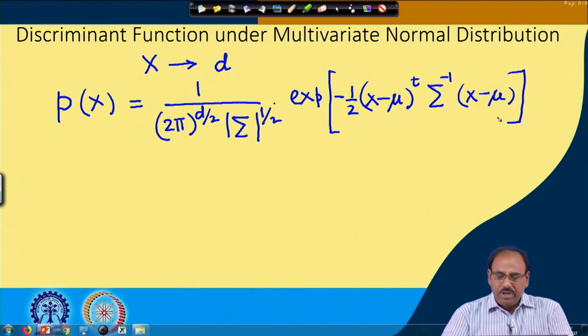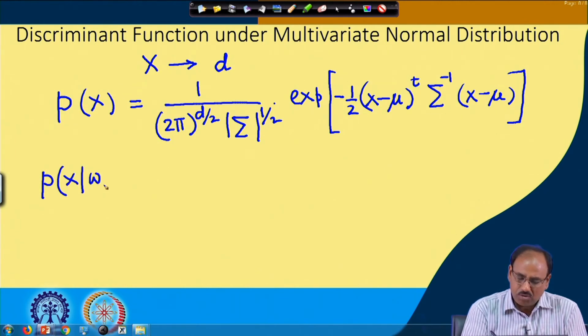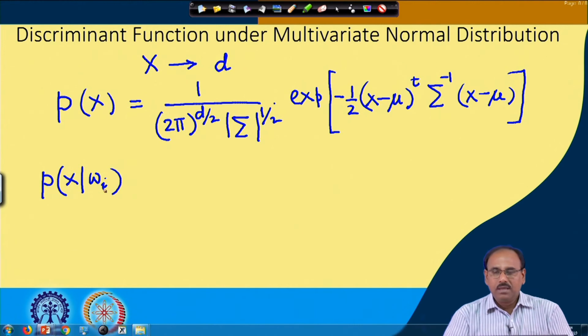Now, what we are interested in, or the expression that we have that contains x given omega i, is the class conditional probability density. And we said earlier that we get this class conditional probability density by taking the feature vectors x from class omega i.